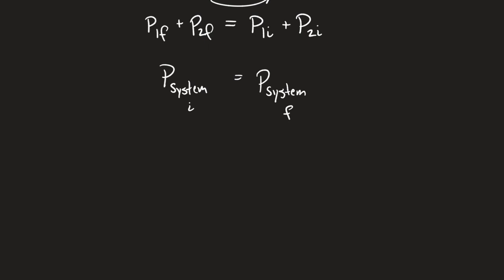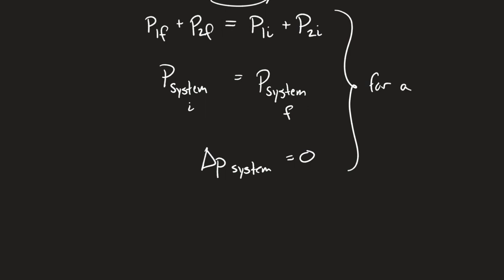In fact, you could write this as delta P for a system equals 0 for an isolated system. This is a statement of conservation. In this case, conservation of momentum.